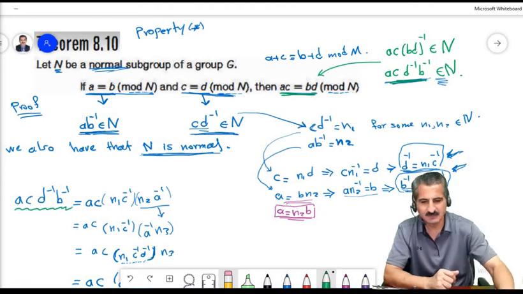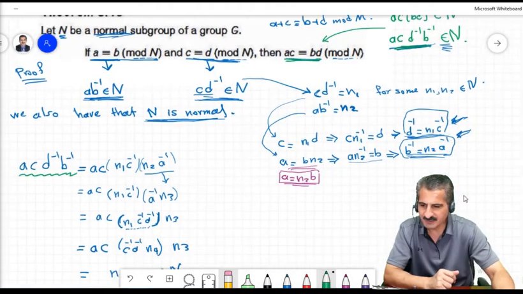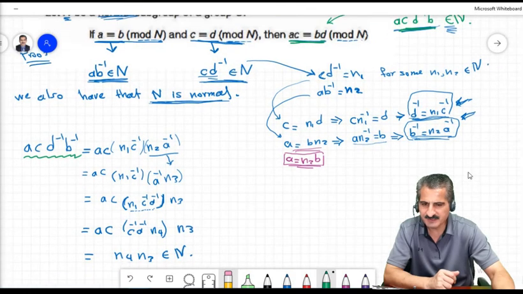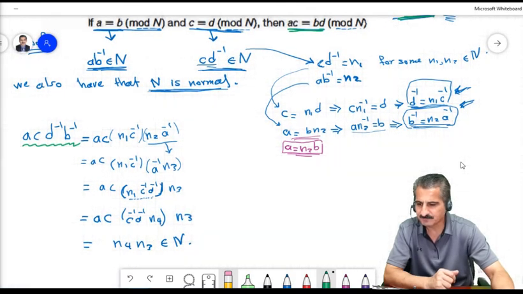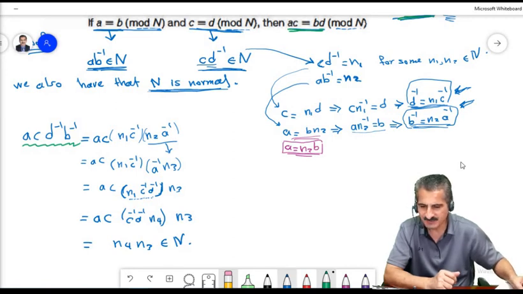Now play with this multiplication. We replaced D inverse and B inverse with this thing here. This is D inverse, this is B inverse. Now if you notice what I have done here, I changed n A inverse to A inverse n3. Why is that true?